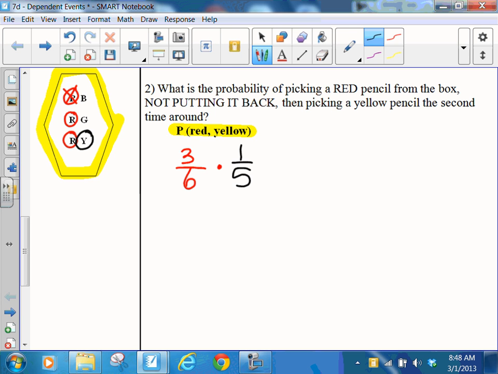We checked for cross canceling. 3 and 5 have nothing in common, 6 and 1 have nothing in common, so we go ahead and multiply. 3 times 1 is 3, 6 times 5 is 30. We simplify by dividing by 3.